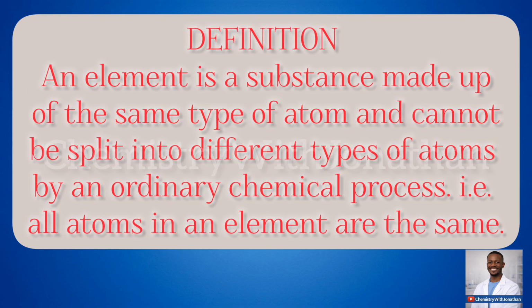An element is a substance made up of the same type of atom and cannot be split into different types of atoms by an ordinary chemical process. In essence, all atoms in an element are the same.